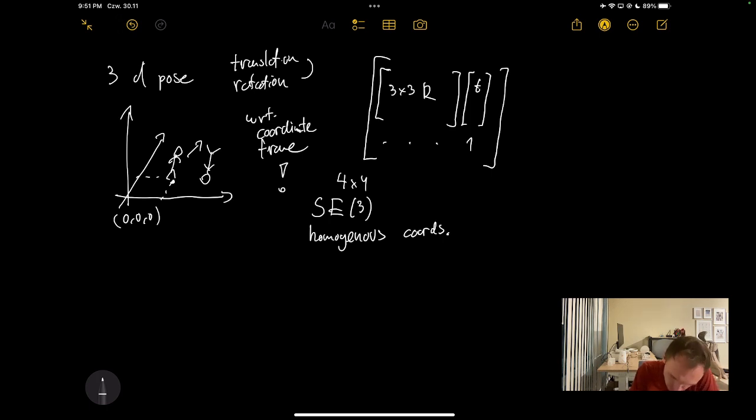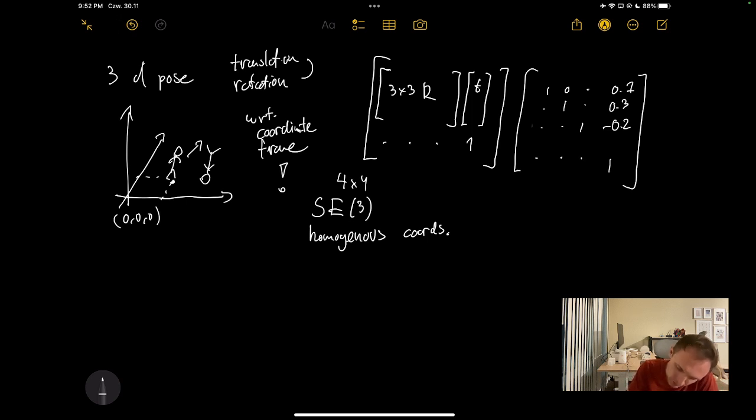Let's take an example. The matrix may be something like 1 0 0, 0 1 0, 0 0 1 for the rotation, and then 0.7, 0.3, and minus 0.2 for the translation, and then 0 0 0 1 in the bottom row.